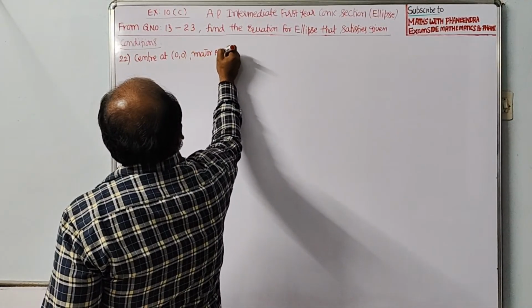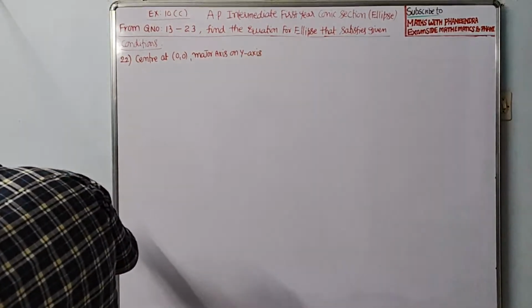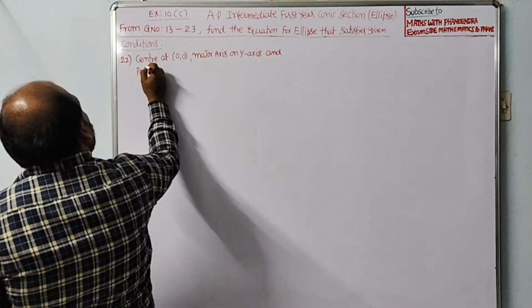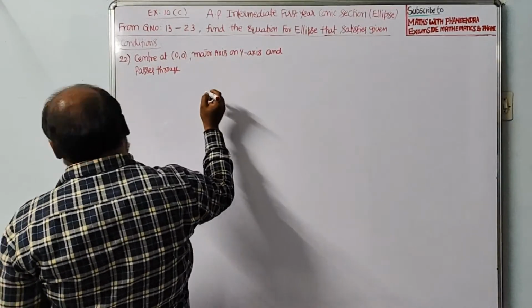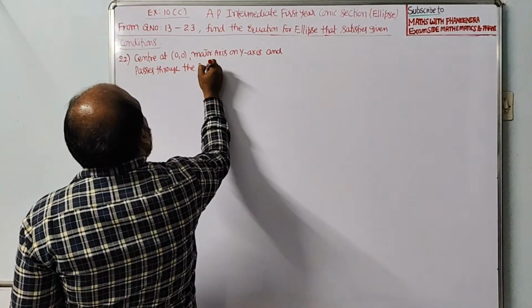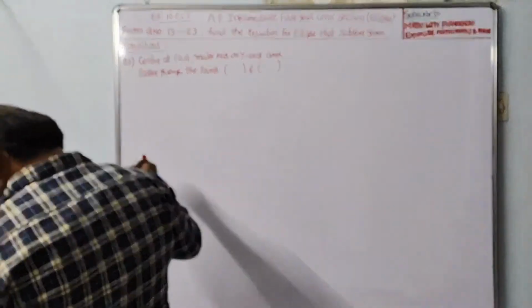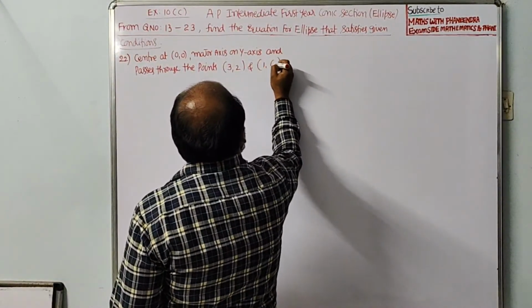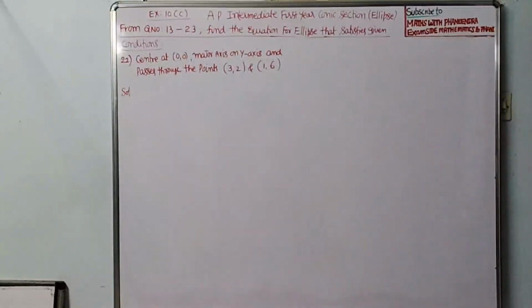And passes through the points 3, 2 and 1, 6. This is a good question, dear students. Listen carefully. This type of question was given in the model paper itself.